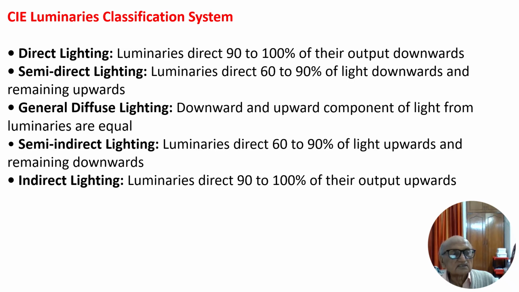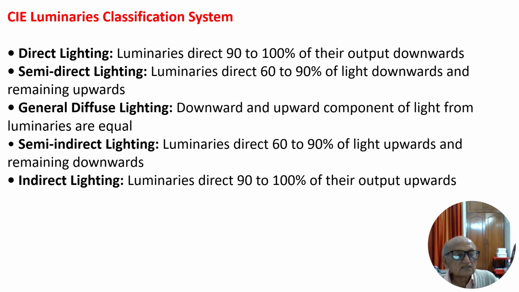Friends, CIE has brought out a classification system of luminaires, and accordingly we say the fitting is of direct lighting: luminaires direct 90 to 100% of their output downwards. Semi-direct lighting: luminaires direct 60 to 90% of light downward and the remaining upward.